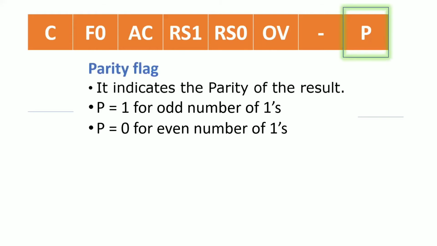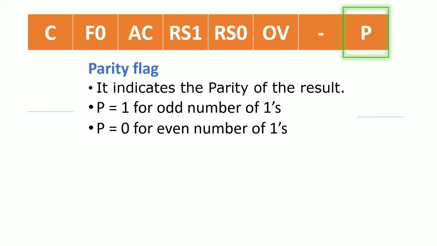Now we will see one by one. The rightmost bit is your parity flag, and we will see what is meant by parity. Parity indicates either even parity or odd parity. If there are an odd number of ones in your arithmetic result, the parity flag will automatically be set to 1.